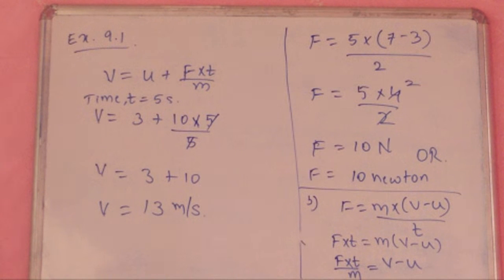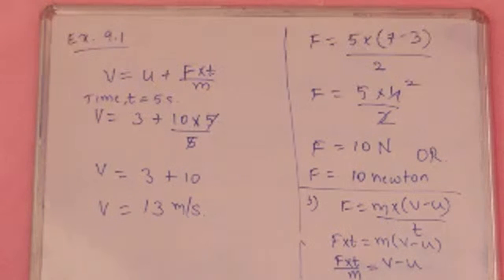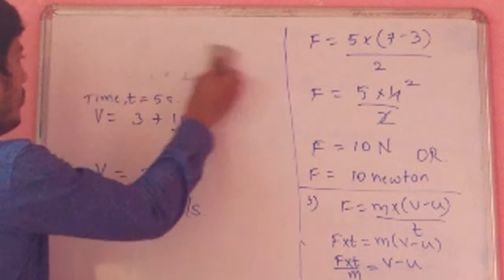By using that we have to find out the force, and after getting the force the time is changed to 5 seconds, and then by using all the data we have to find out the final velocity at time equals to 5 seconds. Then I will move to the next problem.